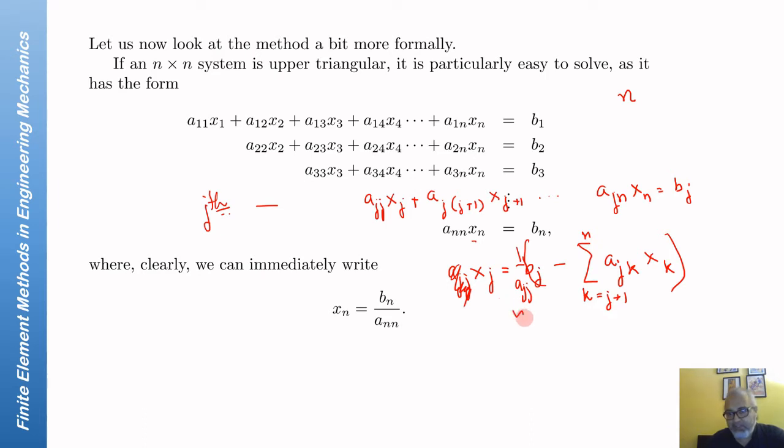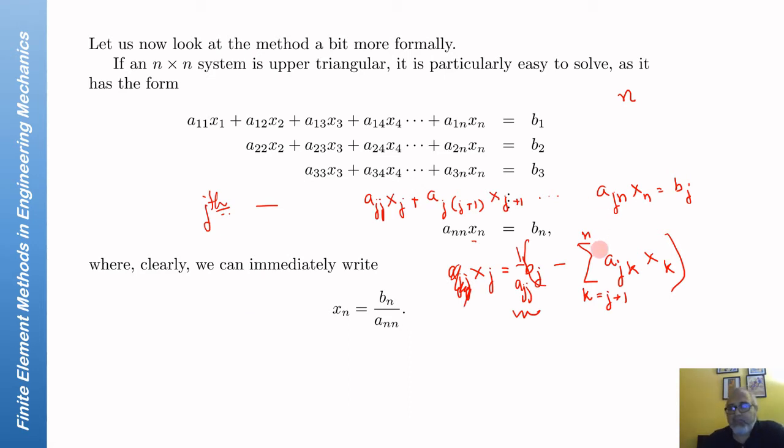Now if you look at it, you can figure out how many operations are needed here. Obviously only one division is needed. Remember, in the computer, multiplication and division takes significantly more time than addition and subtraction. So division actually takes a little more time than multiplication. So if we can count the number of multiplications and divisions, we more or less get a measure of the time that an operation takes.